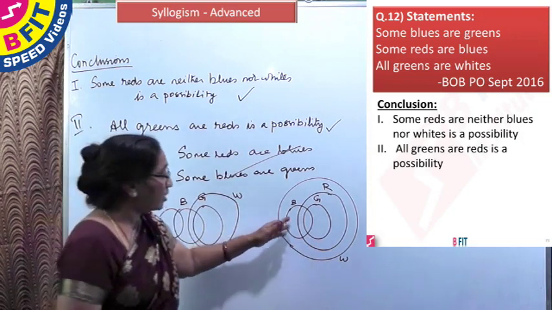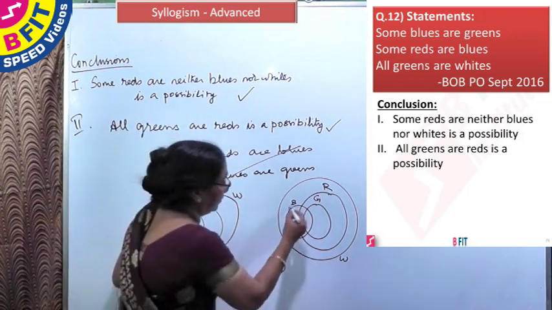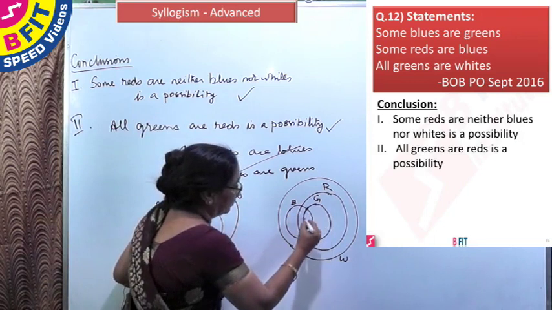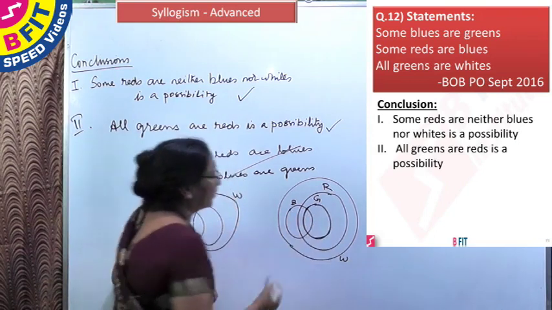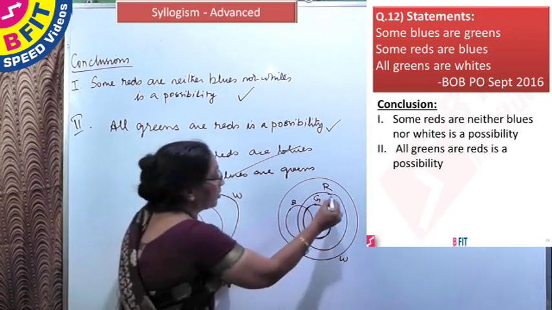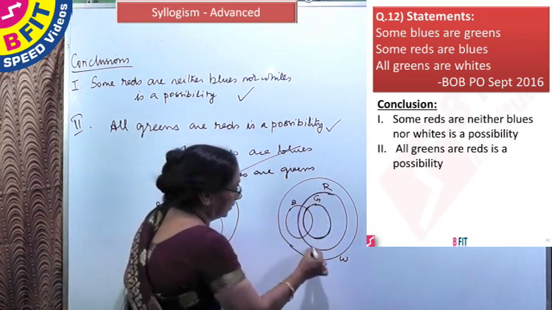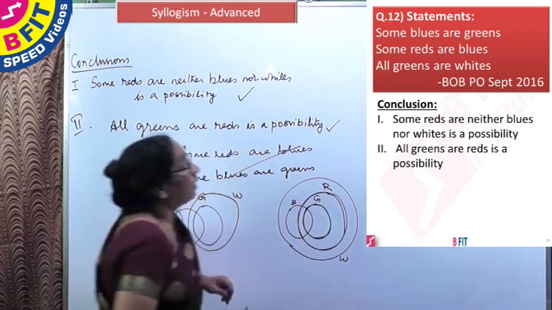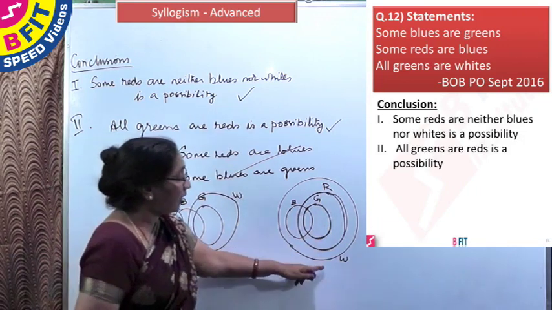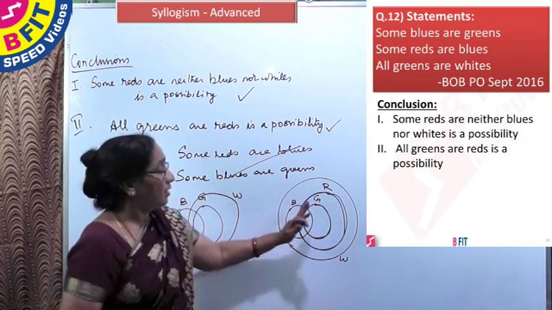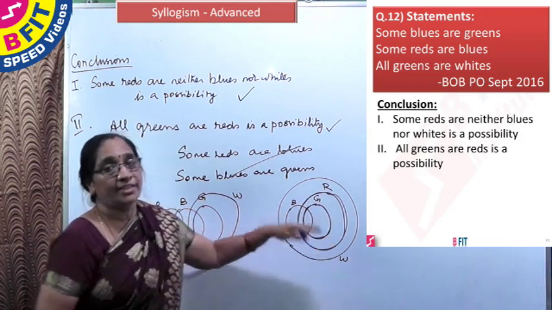We can see that some blues are greens here, and some reds are blues, and all greens are embedded in the white. This is the other diagram for the given statements.